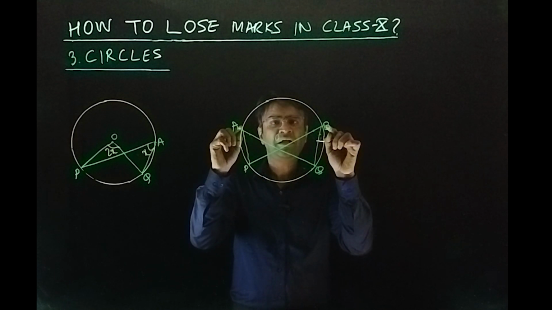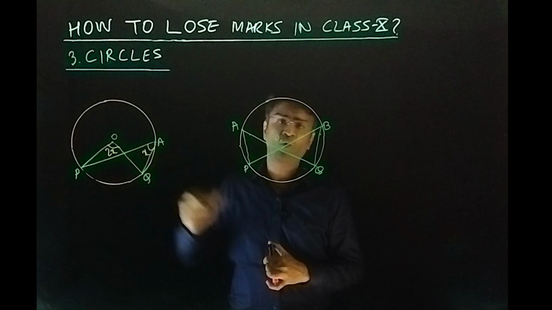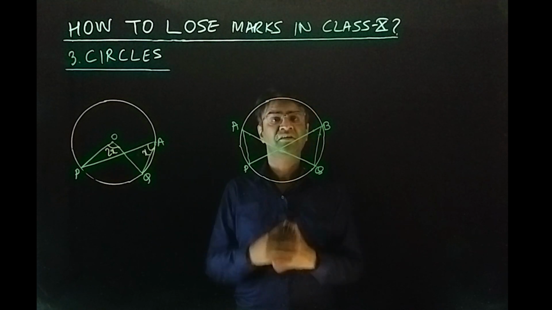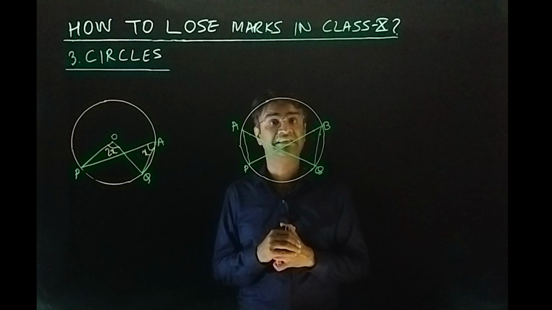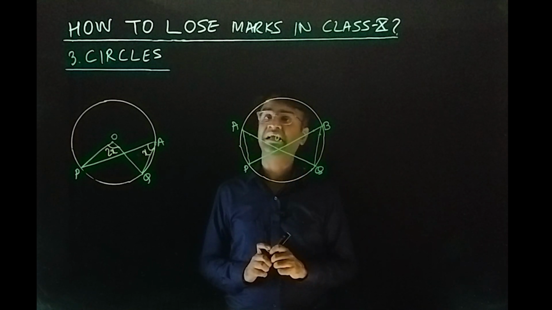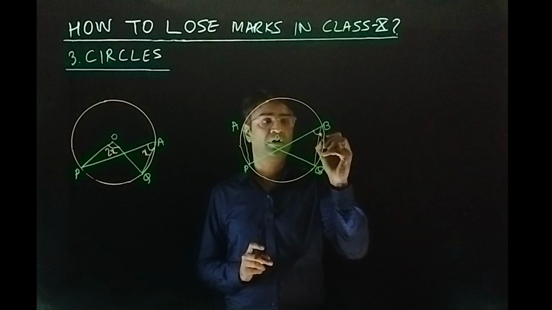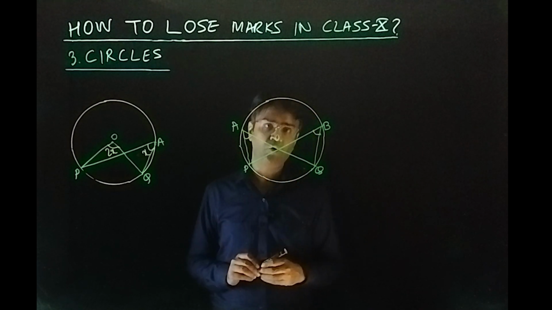Although A and B look like they are on the same line just the way O and A did, yes, they are on the circumference, not any angle at the center. Since both of them are on the circumference, we can claim they are equal because angles in the same segment are equal.